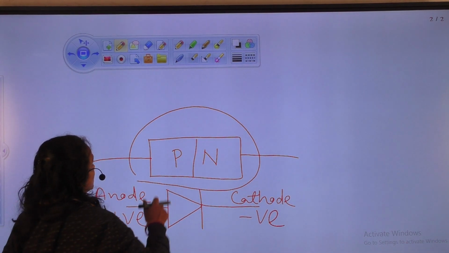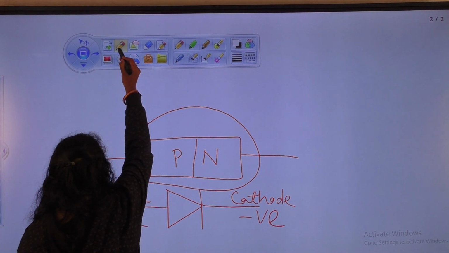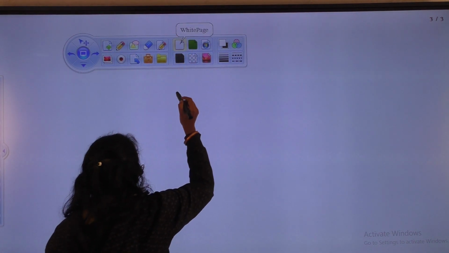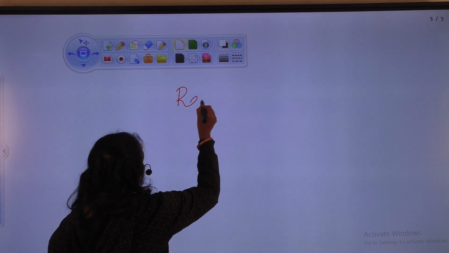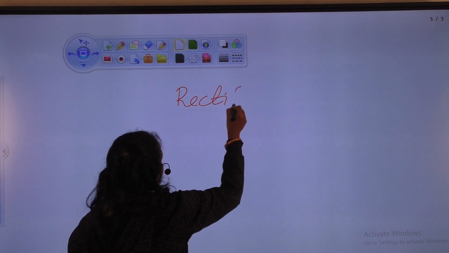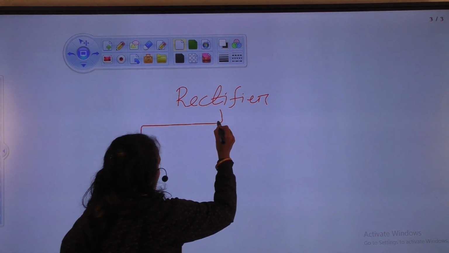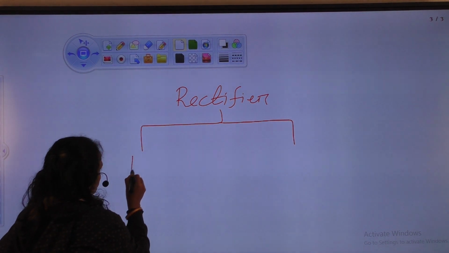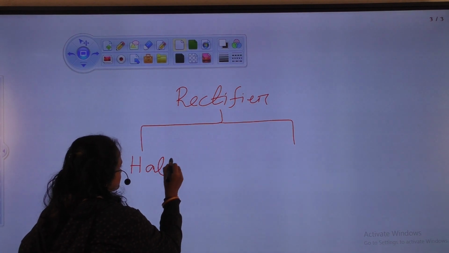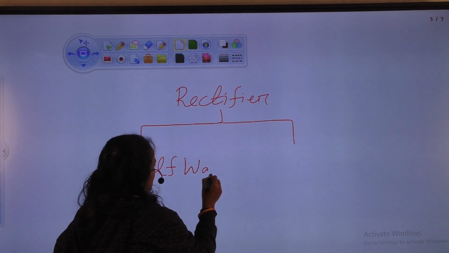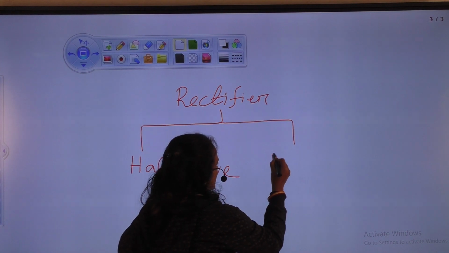Rectifiers are classified into two types. One is the half-wave rectifier and the other one is the full-wave rectifier.